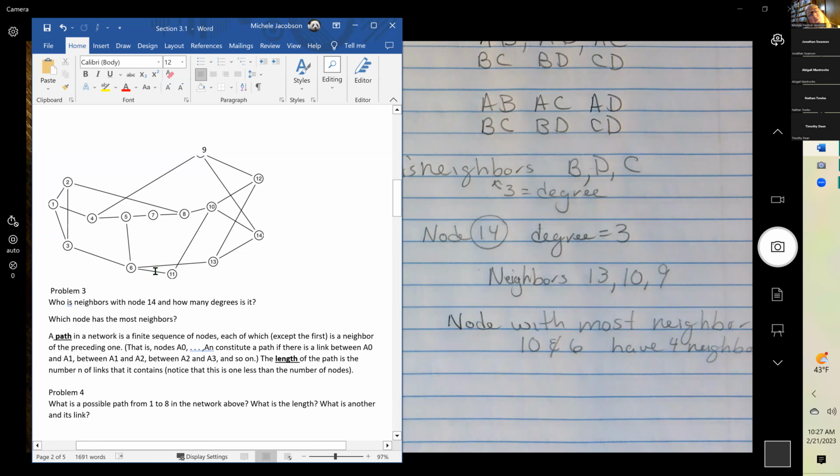Each one was connected to, or a neighbor of, the next one. 3 cannot go straight to 13, but 3 can go 3, 6, 13, and then 12 and 9. For any path from one node to another, you can count those links, and that's the length.